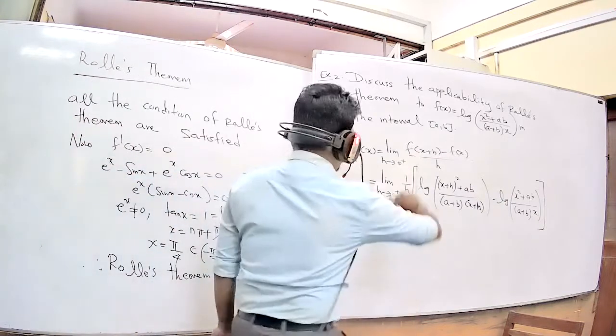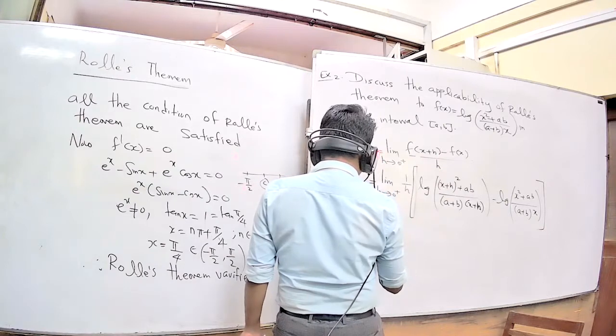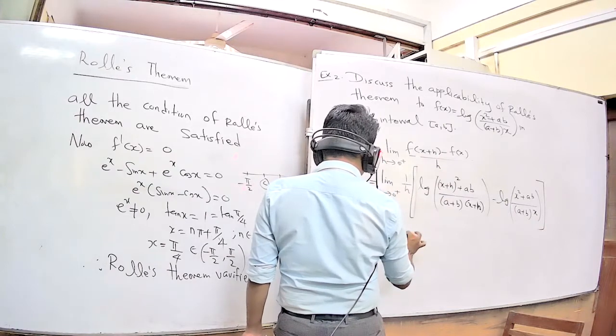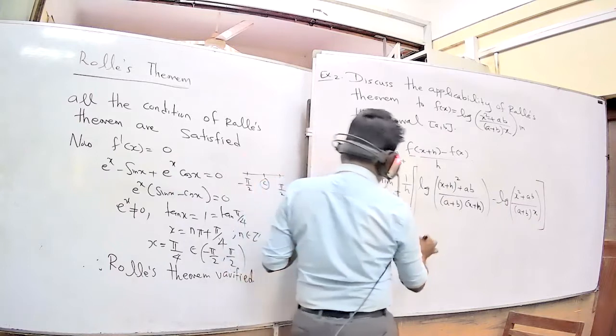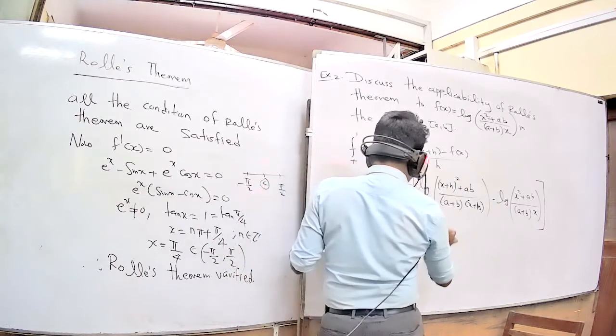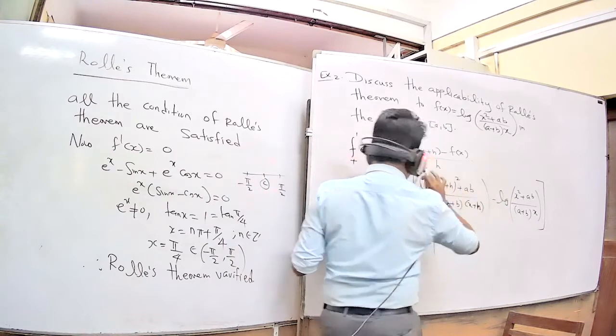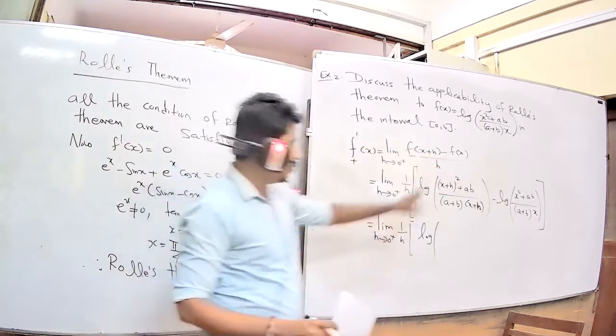Then this simple idea, you want to simplify, right? That's easy. Limit h tends to 0 plus, 1 over h log. You can take a common log, log of this one over this one.